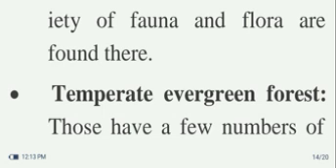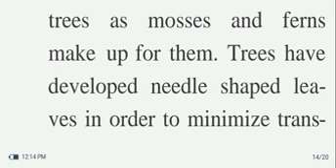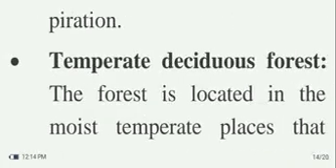Temperate evergreen forest: these have a few numbers of trees as mosses and ferns make up for them. Trees have developed needle-shaped leaves in order to minimize transpiration. Then temperate deciduous forest.